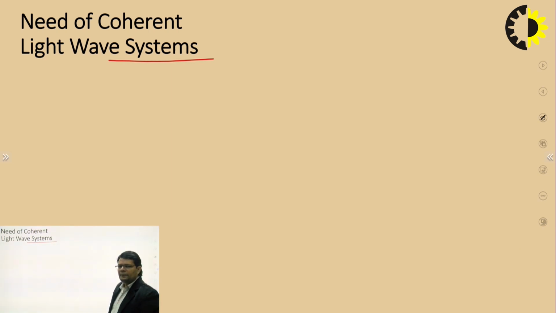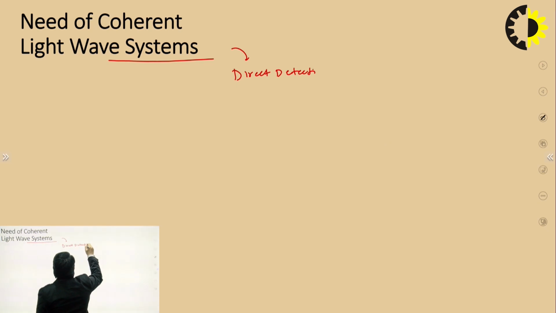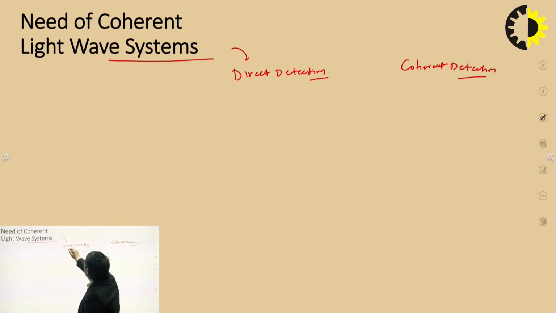Basically, we have two types of detection: direct detection and coherent detection.